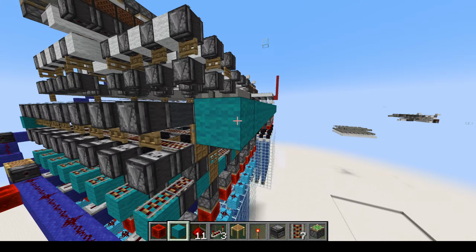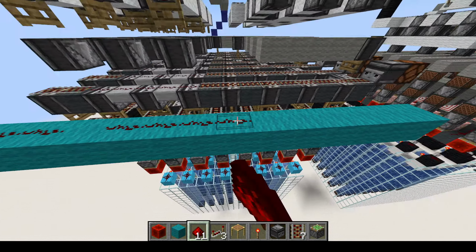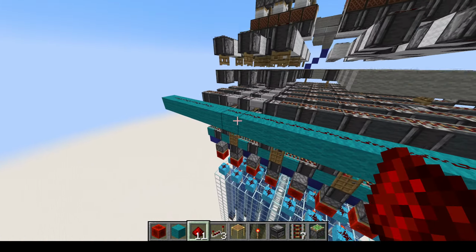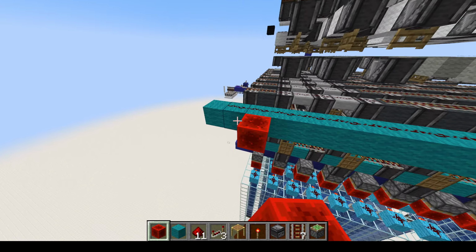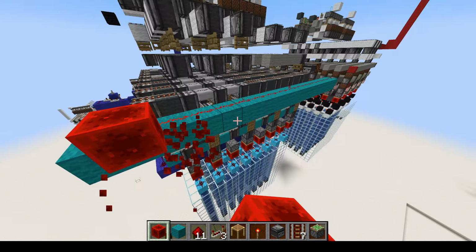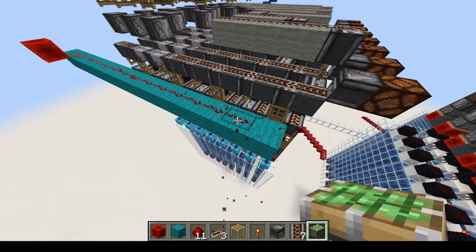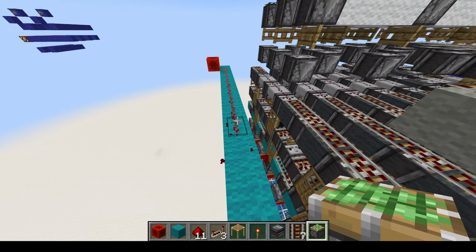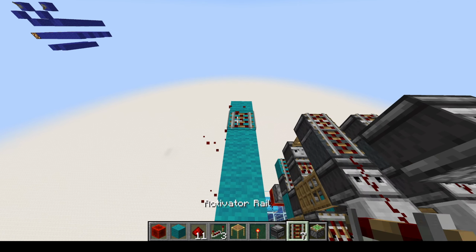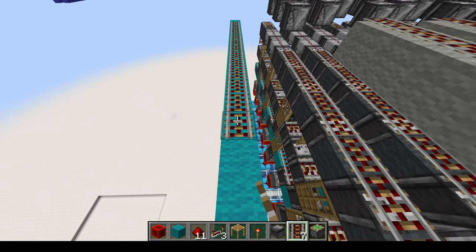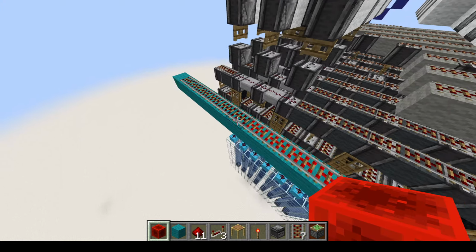Technically it's 15, but practically for what I'm doing it's 16, which basically means across this entire thing I can power it in the middle, or I can power it at the very end, and I know that it's still going to be an active signal at the other end. The same can't be said with the rails, which created a problem that required some creative solutions. So rails, I don't actually know the exact number, but it does not go to 16. It's a lot less, which is a problem.